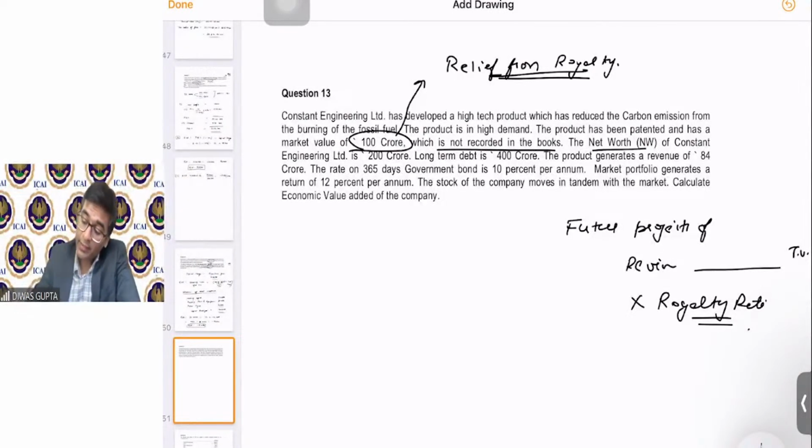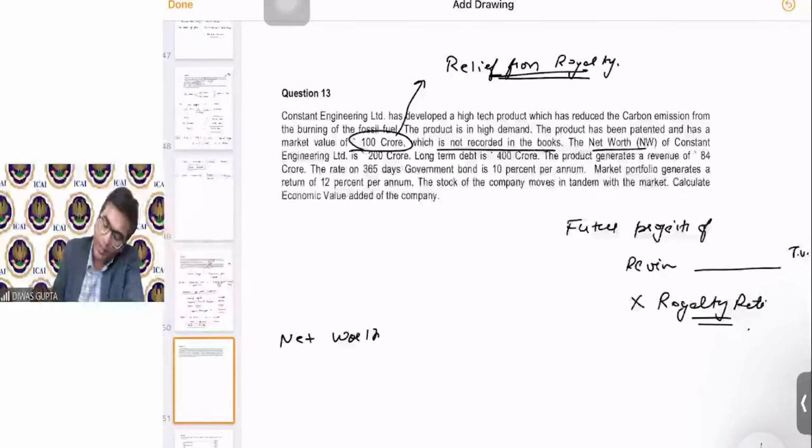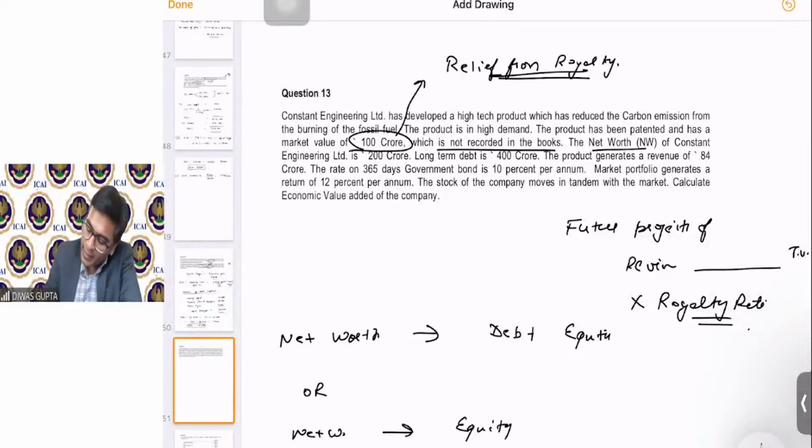Now, students, again, an important point to understand. Does net worth include debt plus equity, or is net worth only equity? Come on, students, tell me. Net worth, is it again debt plus equity or only equity? A lot of people have confusion over here.